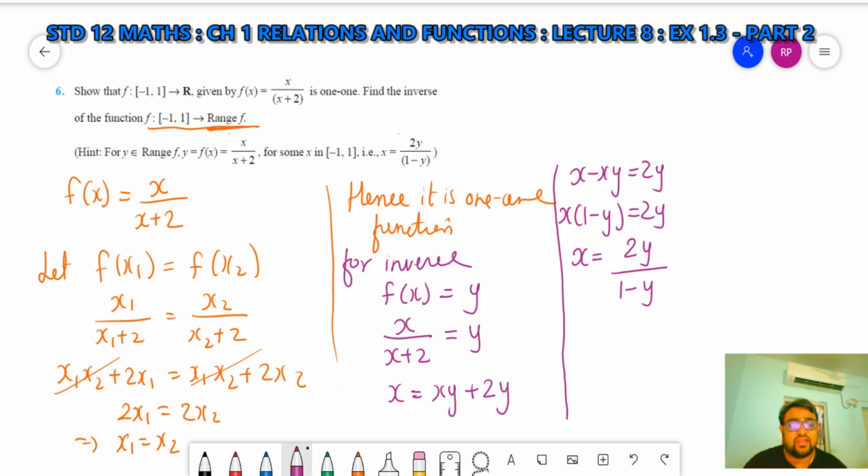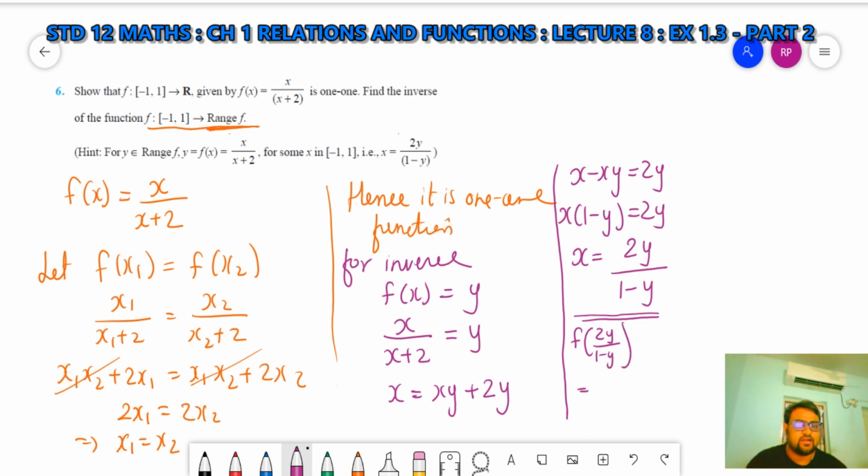So x is equal to 2y upon 1 minus y, right? If I have taken f(x) equal to y, that means x upon x plus 2 equals y, and then I found the value of x. Clear? So this will be the inverse. I can also check it this way: f of 2y upon 1 minus y.